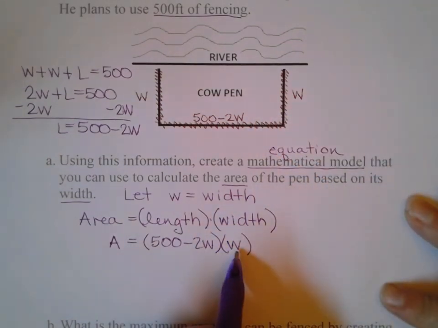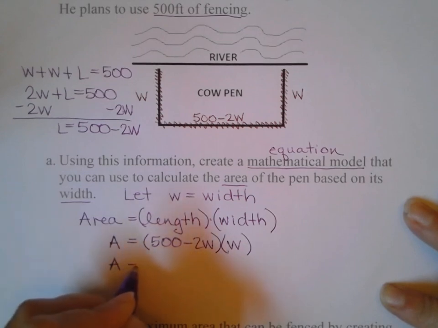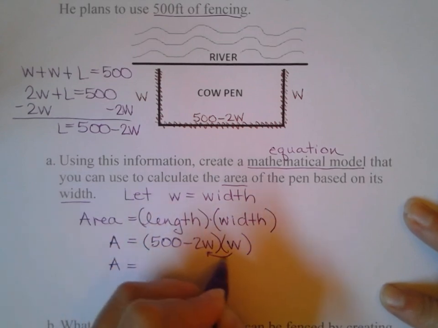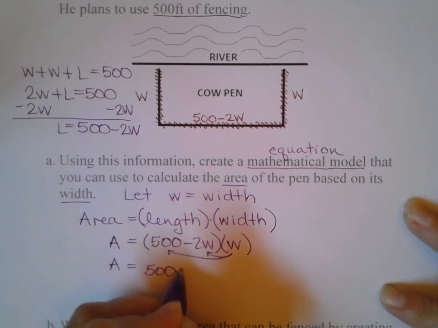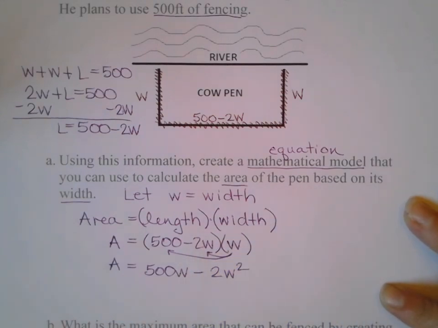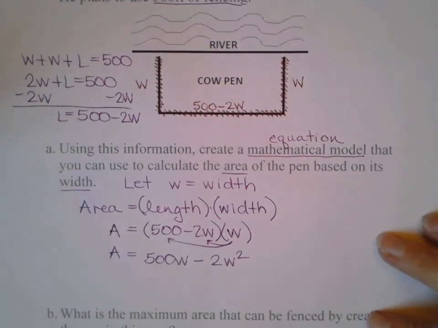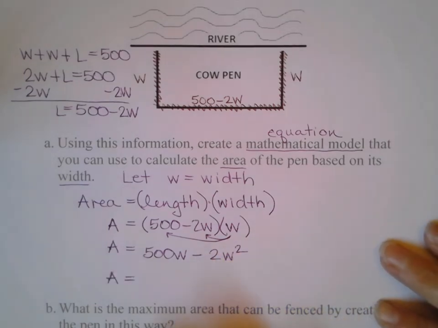So I can distribute this W and use that to come up with a formula. So I'm distributing. This will be 500W minus 2W squared. Now usually when we have a variable squared, we list it in descending order from highest exponent down to lowest.